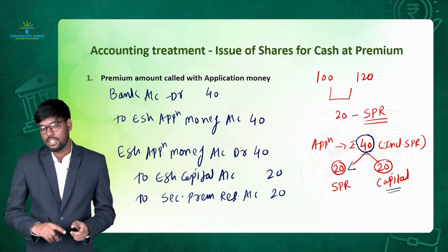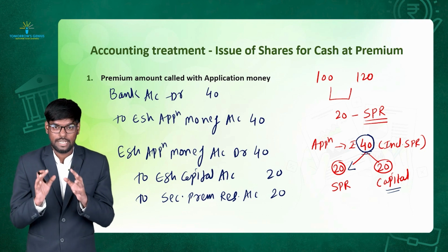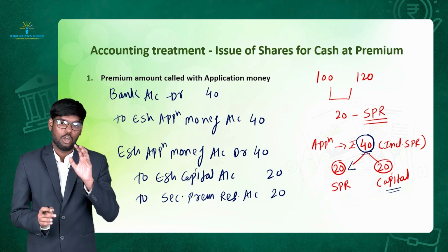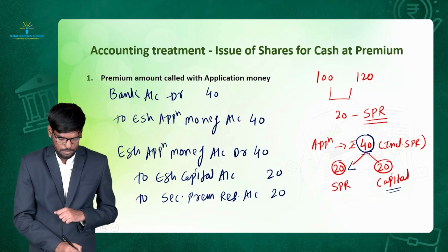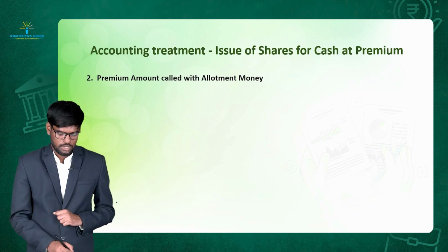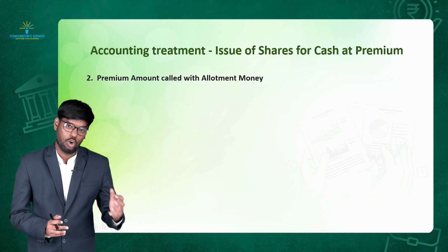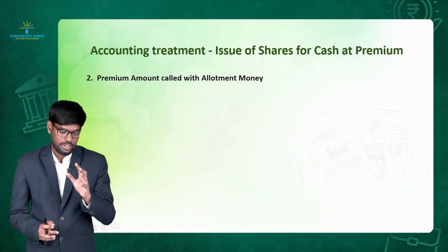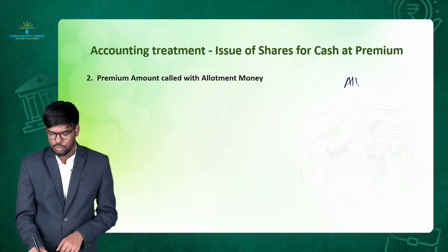Now another way by which the company can issue shares at a premium is that the company can collect that premium amount along with the allotment money. So then which entries we have to pass, that we have to see. See here, if the company is going to collect the same amount of rupees 20, that is securities premium, at the time of allotment stage, then which entries we have to pass? We know at the time of allotment also we have to pass two journal entries, right?